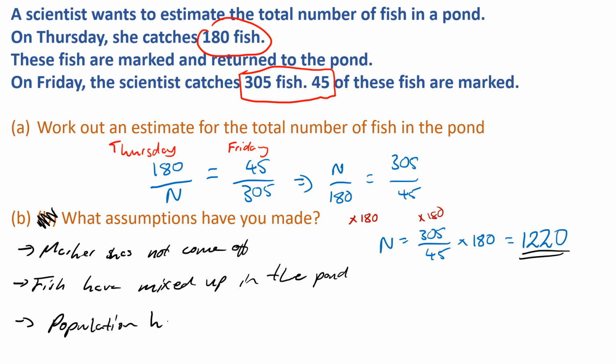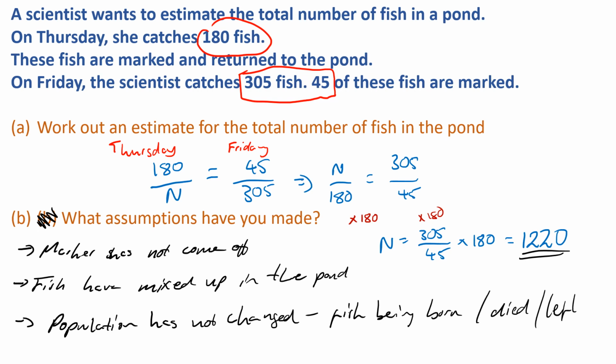So the population has not changed, for example through the fish being born or dying, or they've not left the area. For example, when we couldn't use this is if we were marking fish on one day and leaving it a year in a river, where the fish might have had time to swim away and go elsewhere.